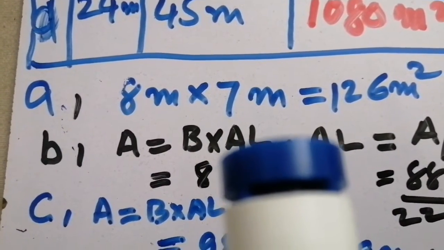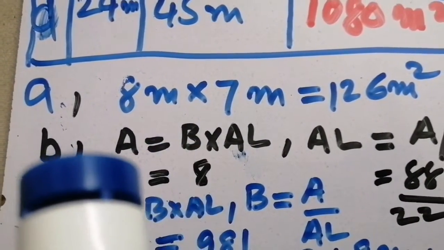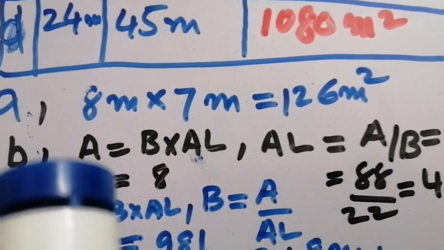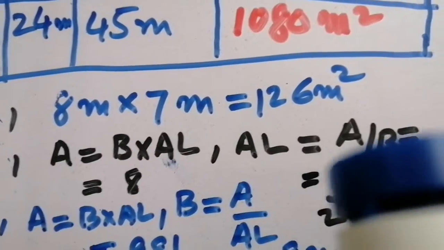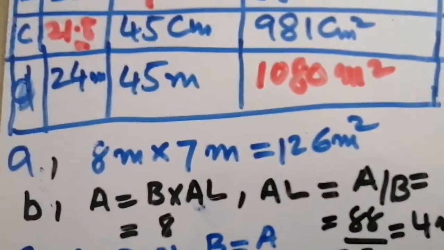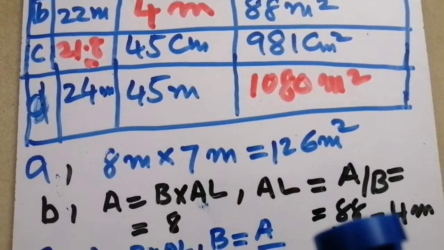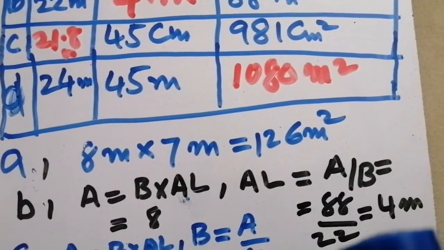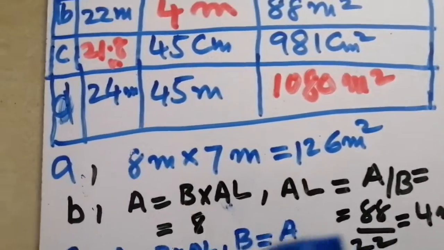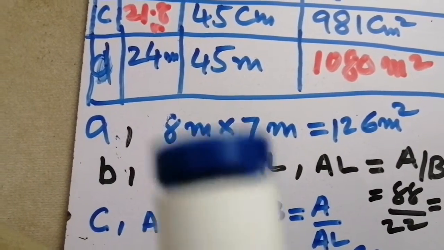So we divide both sides by the base, and the base is finished from here, then it becomes altitude is equal to A by B, area divided by base. The area is 88 and the base is 22. So 88 divided by 22 is equal to 4 meters, which is the altitude.